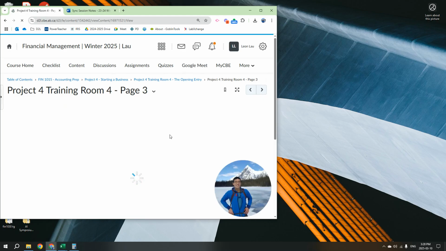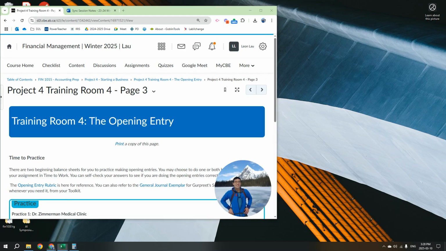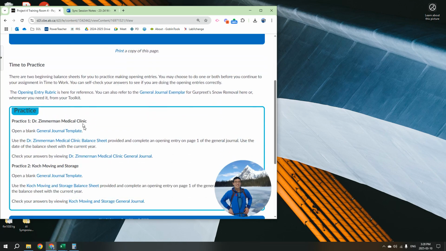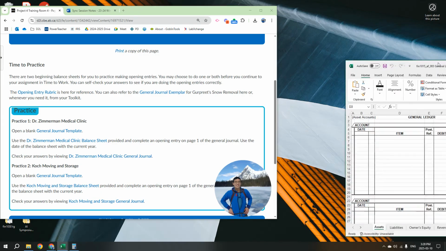So on the next page, of course, will be time to practice. For time to practice, we can look at Dr. Zimmerman's medical clinic. We're going to use the balance sheet that we created, as well as what's called now the general ledger template.